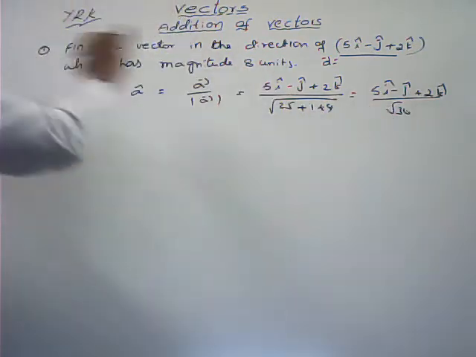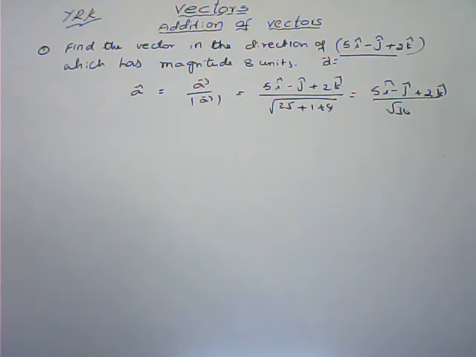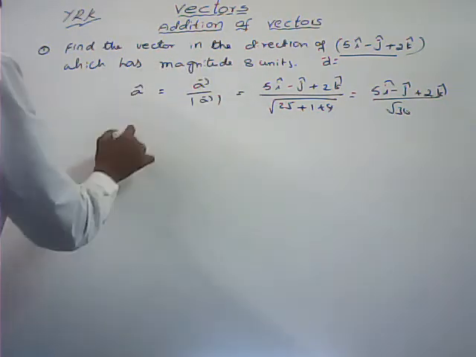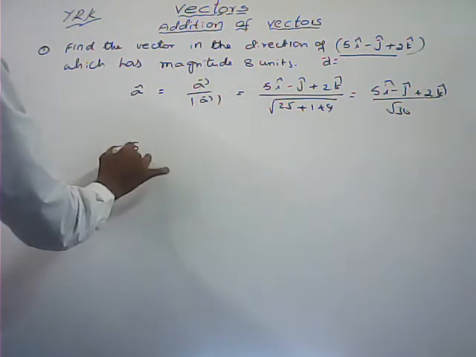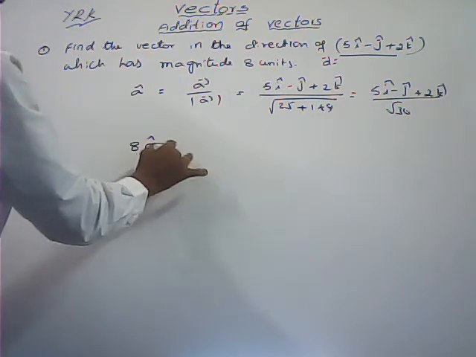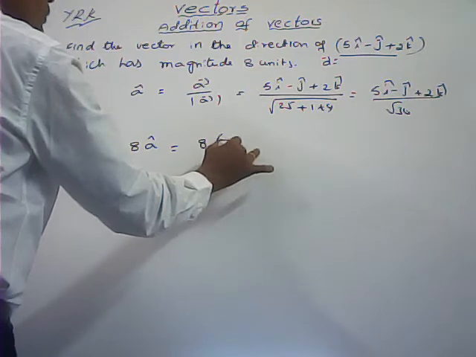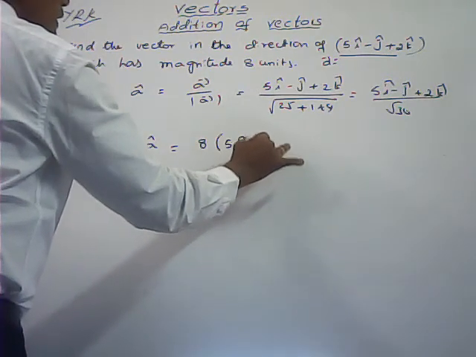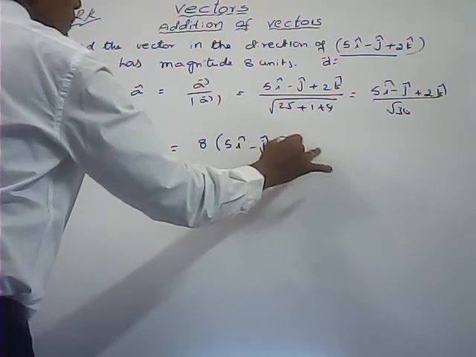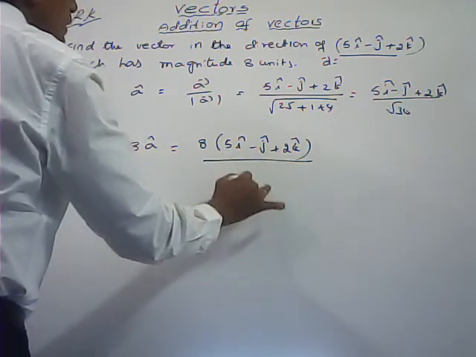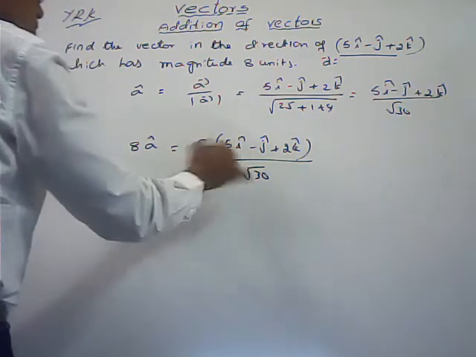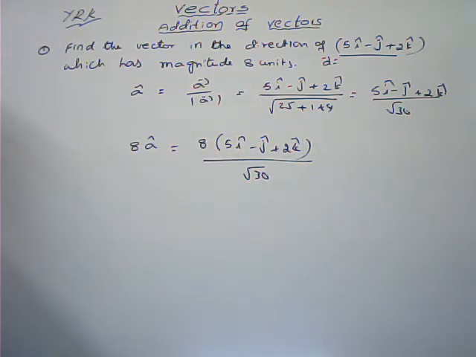That is the unit vector only. Its modulus is equal to 1. Now here what they are asking is magnitude 8. So here I am multiplying with 8 on both sides. 8 a cap is equal to 8 into 5 i cap minus j cap plus 2k cap whole by root 30. Its modulus we can get 8 only.